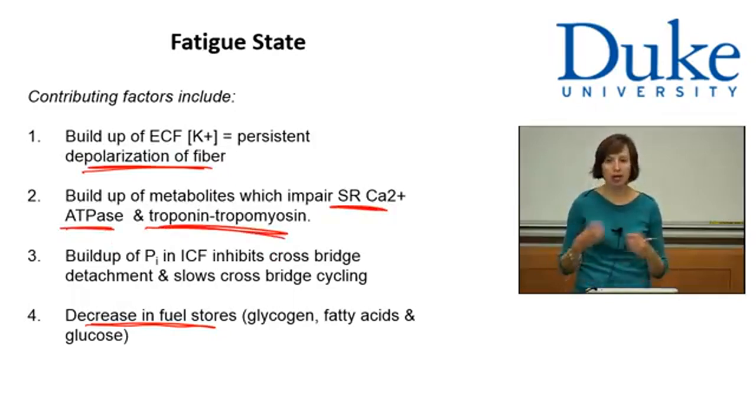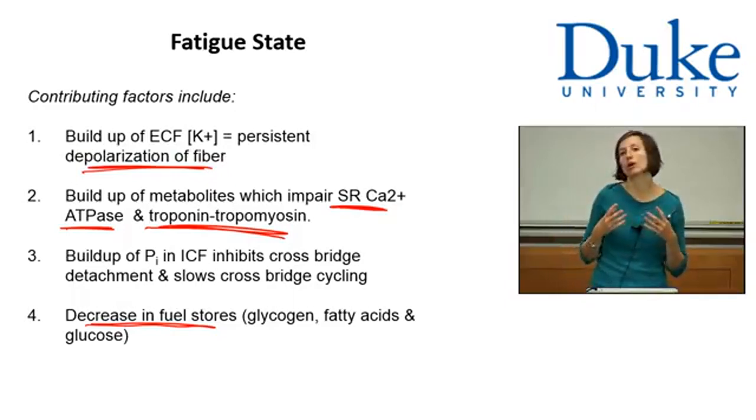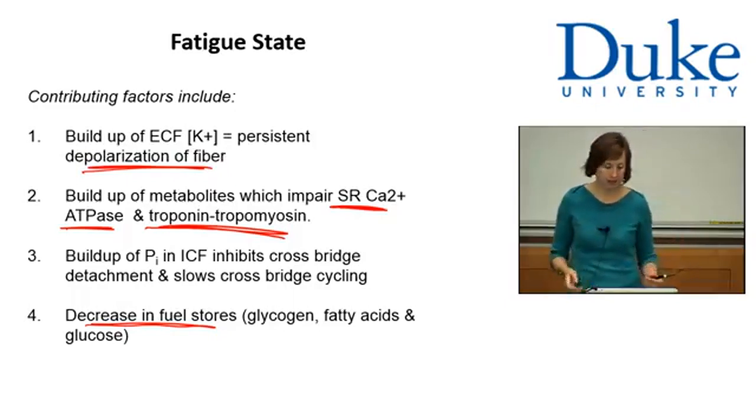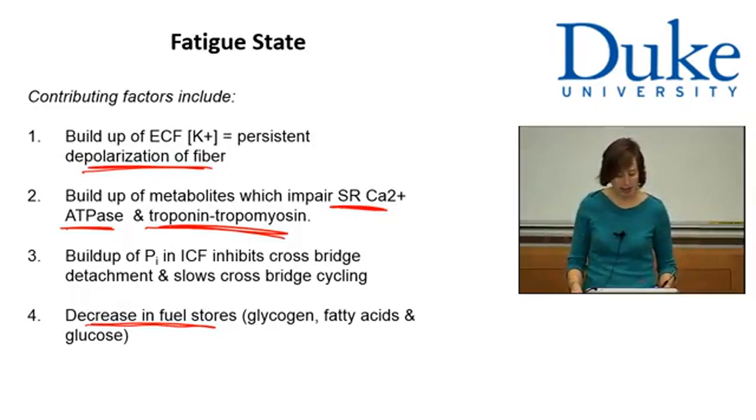And so if you impair those systems, then either you can't relax the muscle as quickly because your ATPase isn't as efficient at moving calcium back into the sarcoplasmic reticulum, or if the troponin and tropomyosin system gets less responsive to calcium, that will also prevent the muscle from quickly starting to contract.